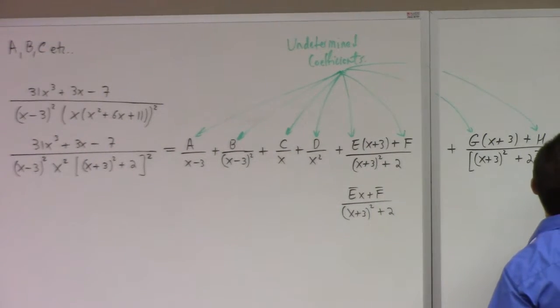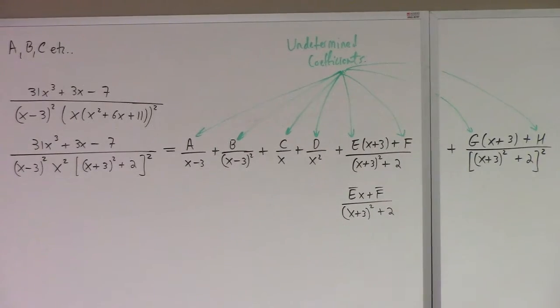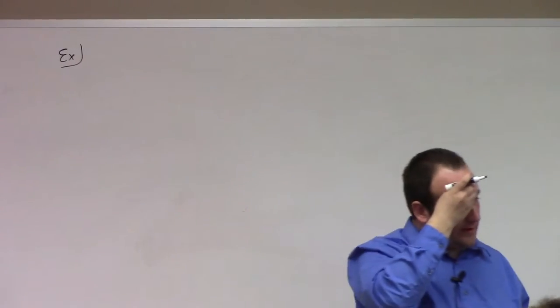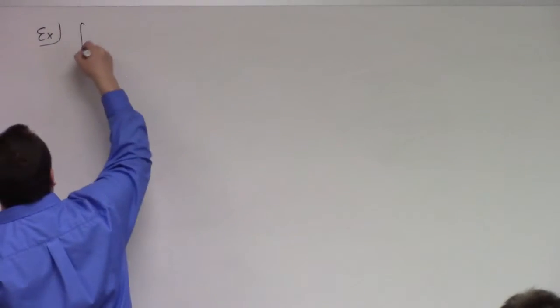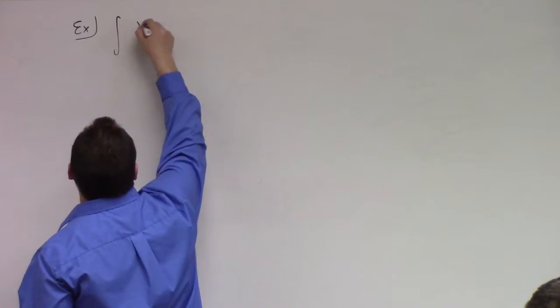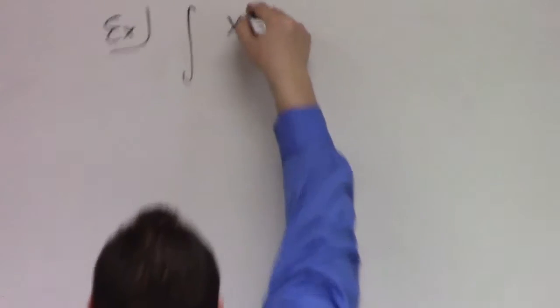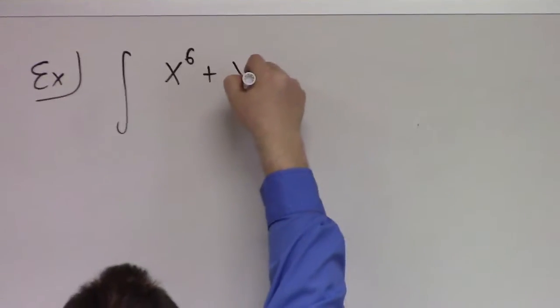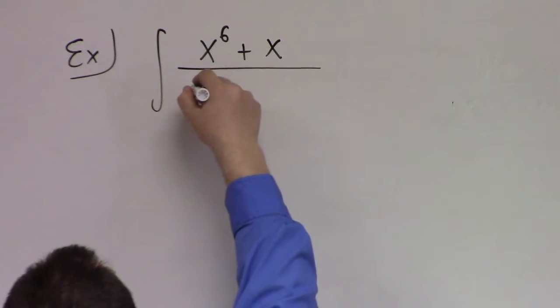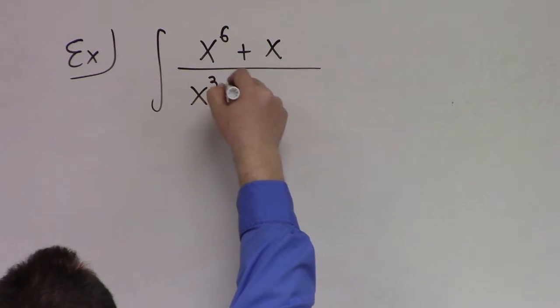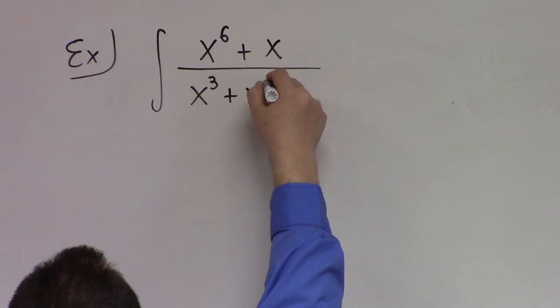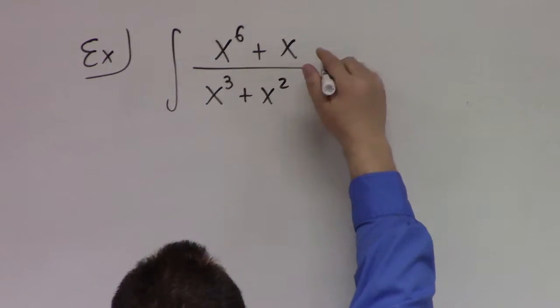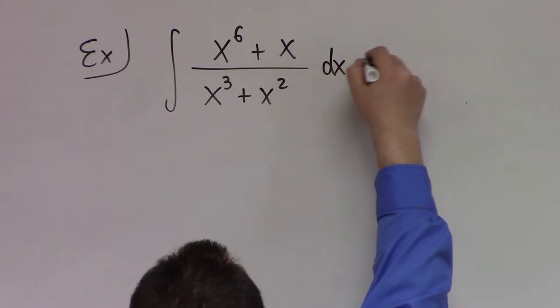Shall we do an example? How about, what if I want to integrate, I don't know, x to the 6th plus, let's say, x divided by x cubed plus x squared dx.